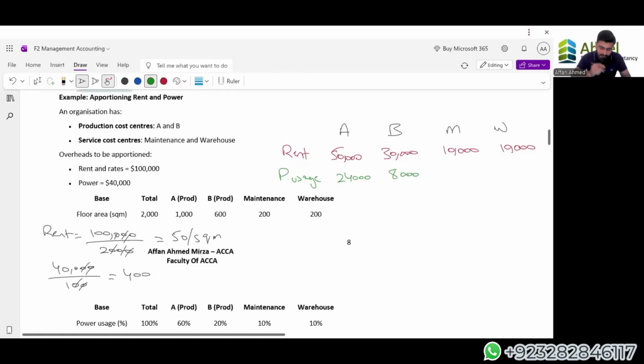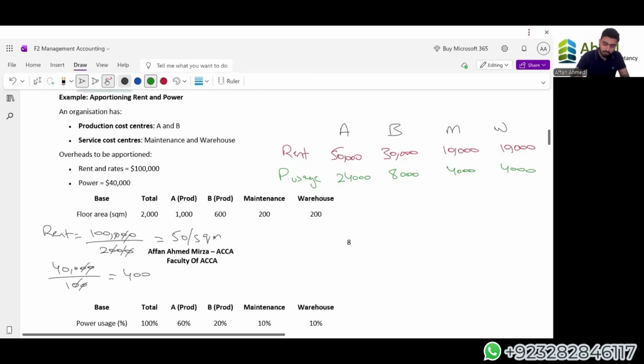Then we have 10, that is 4,000, 4,000. Now remember that the total should be equal to the amount. So 24,000 plus 16,000 is equal to 40,000, and 50 plus 30, 80 plus 20, 100. So both of them have a total of the overall cost that we have.